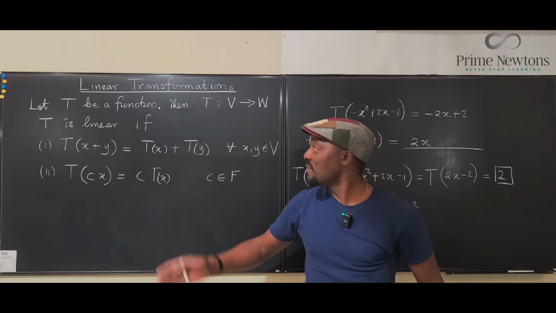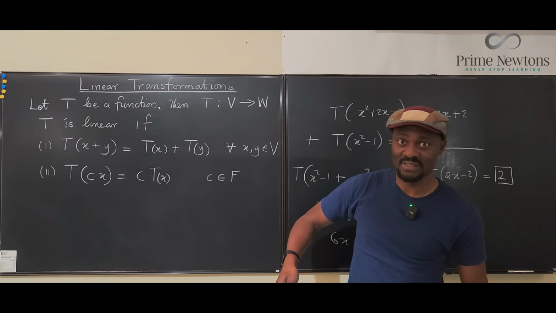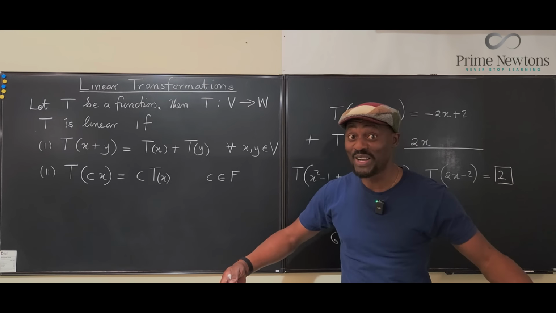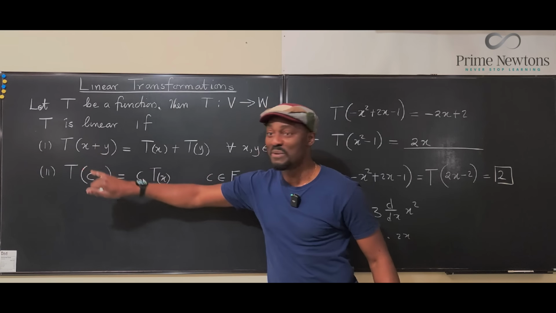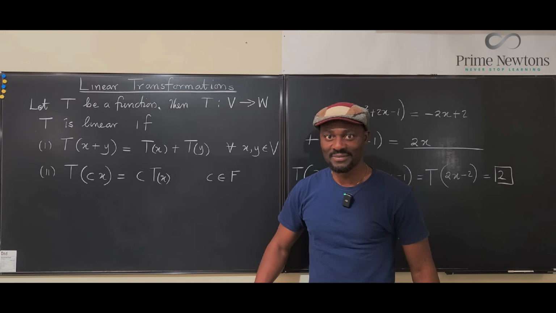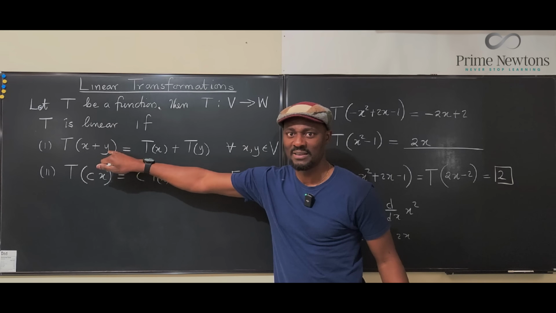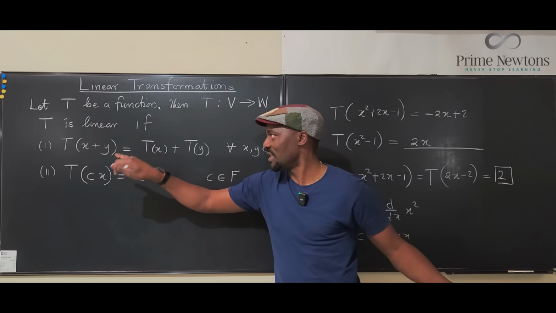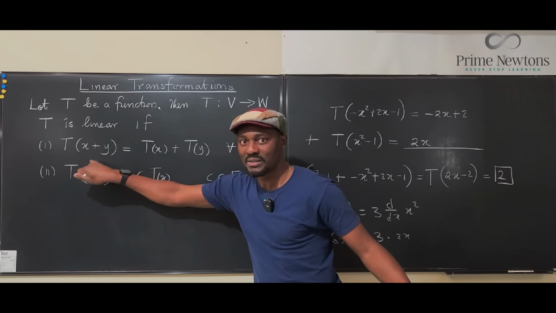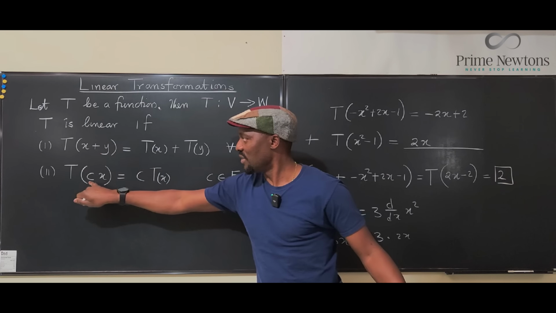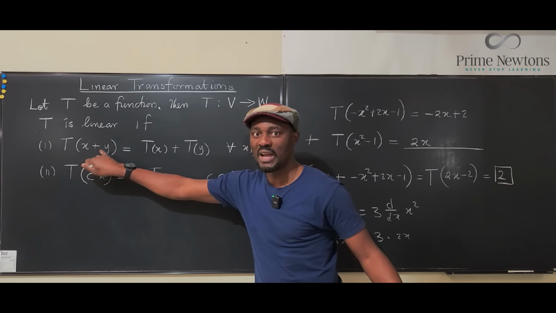Now, there are some results that come from this. One of the most obvious ones is that if we change the sign to a minus, it's more like you're dealing with a negative vector y. It's T of x plus, because it's now going to be minus 1 times y.